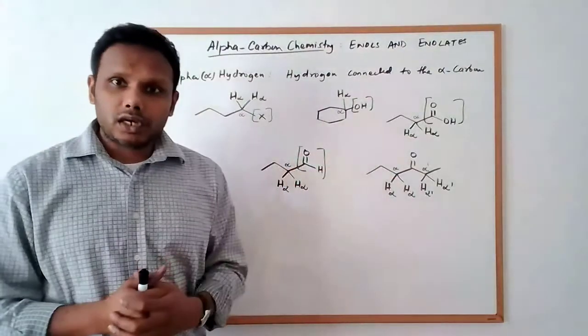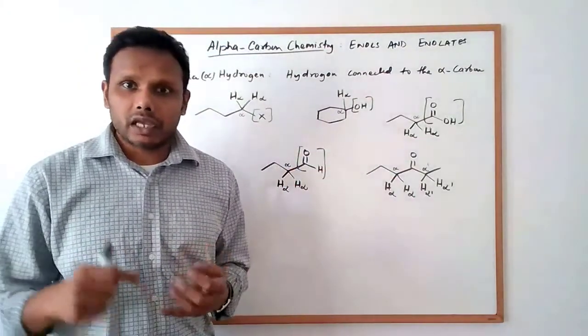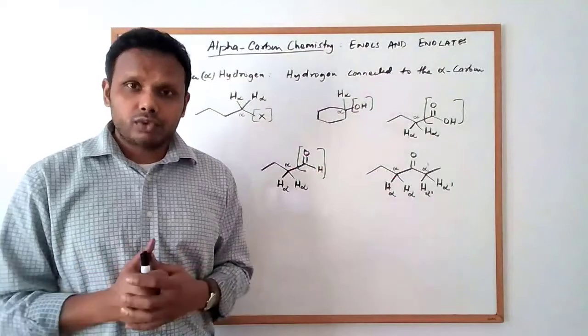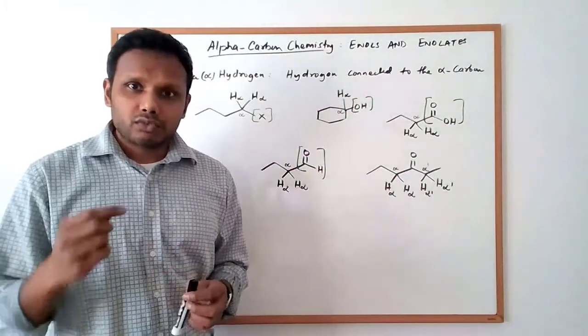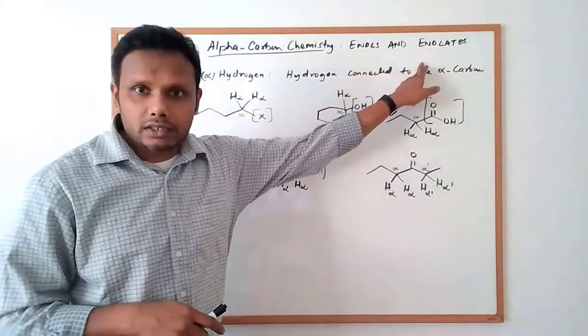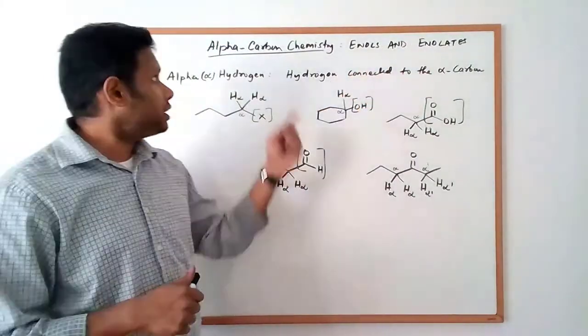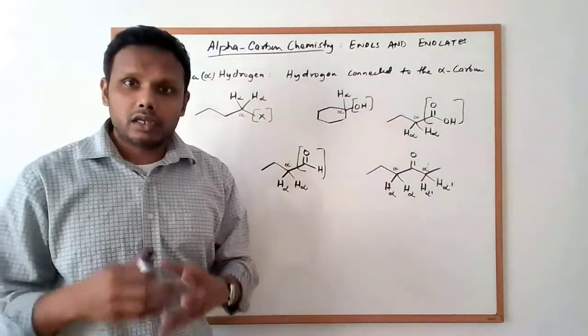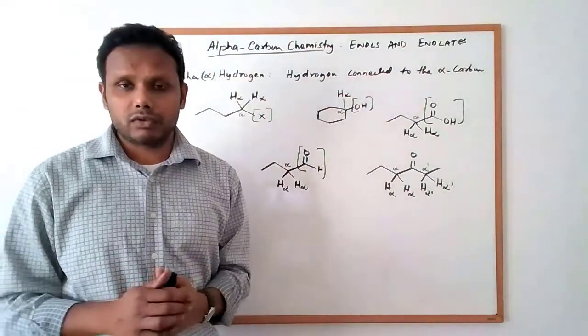But that's an introduction to alpha carbons and alpha hydrogens, both of which are very important as we track the formation of enols and enolates. And this is the chemistry happening at the alpha carbon in a lot of molecules that we'll be seeing.